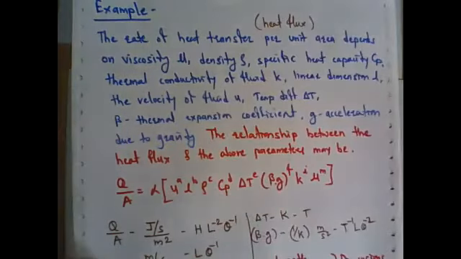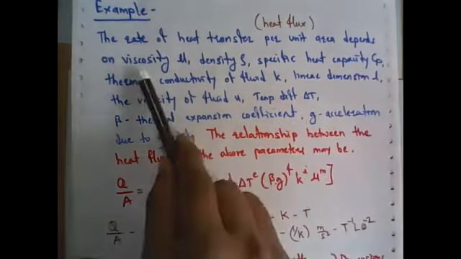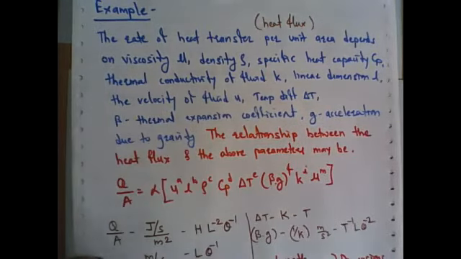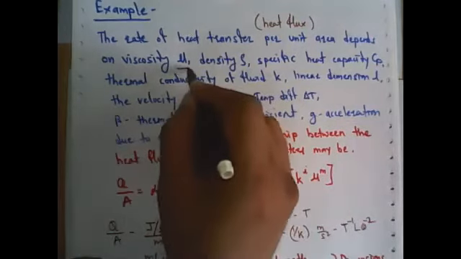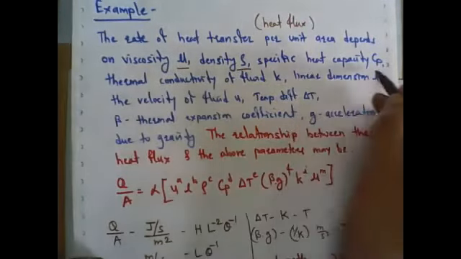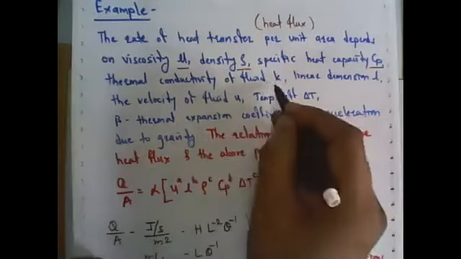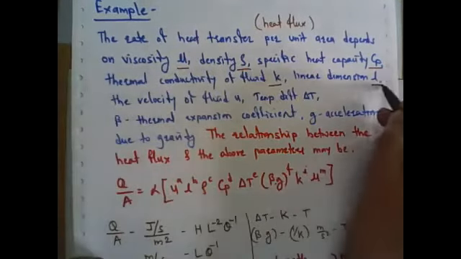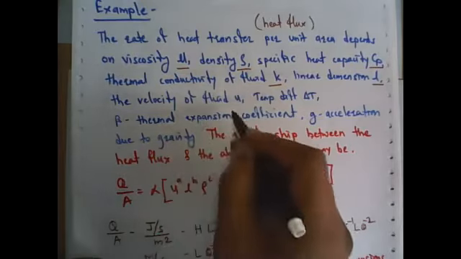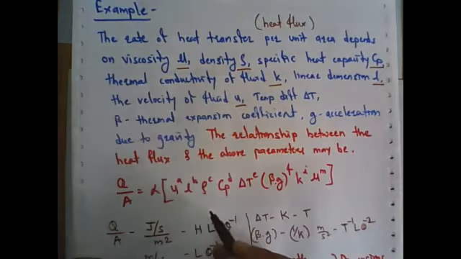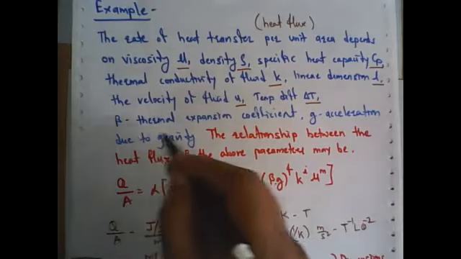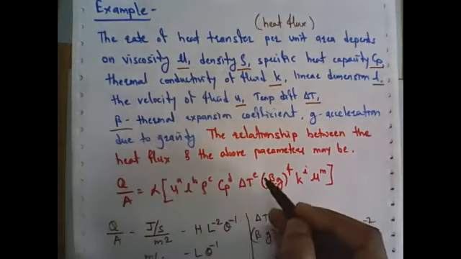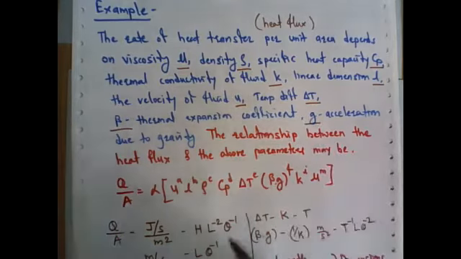The rate of heat transfer per unit area, this heat flux, depends on a number of variables, that is viscosity, density, specific heat, thermal conductivity, linear dimension, that is length, velocity of fluid, that is small u, temperature difference delta T, beta thermal expansion coefficient, and small g acceleration due to gravity.